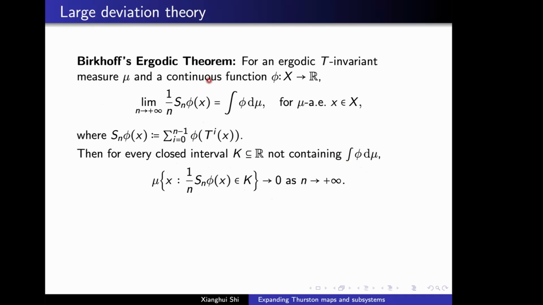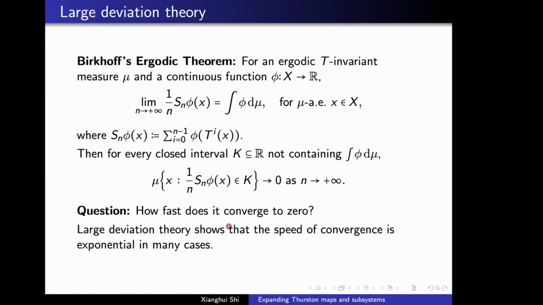So Birkhoff's ergodic theorem says that the measure of this set must tend to zero as n tends to infinity. So one natural question is how fast this sequence converges to zero. Large deviation theory studies such questions, and usually we can show that the speed of convergence is exponential.